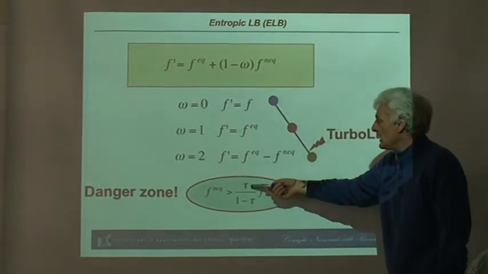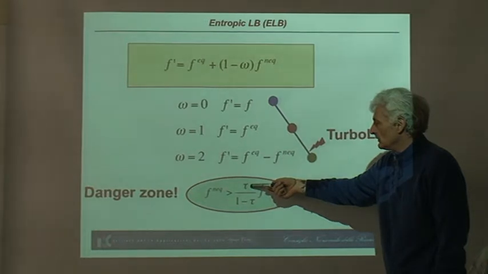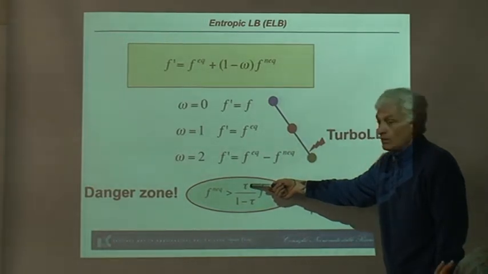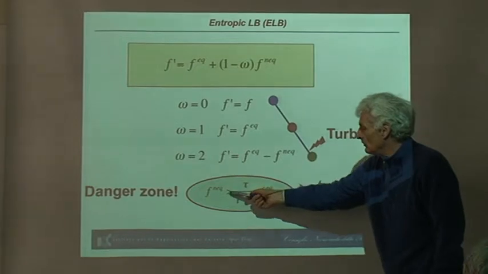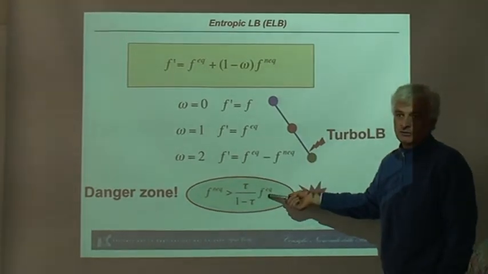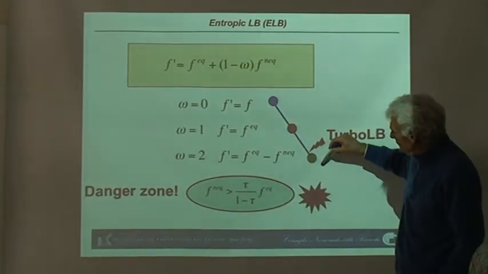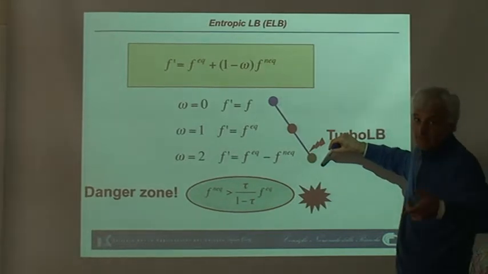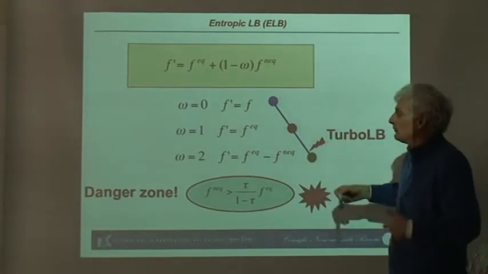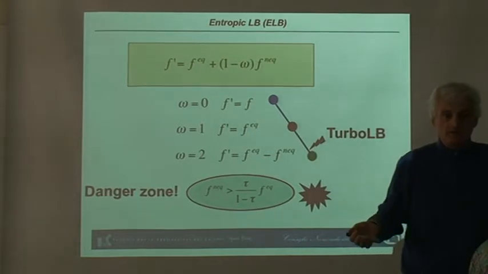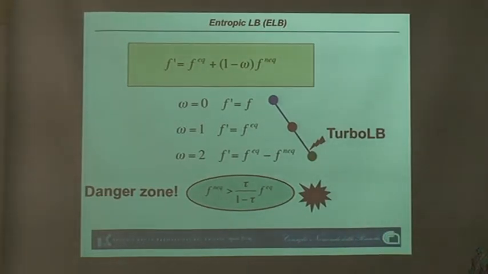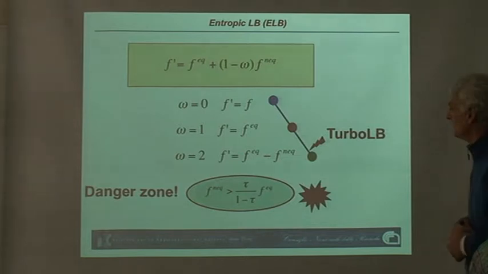And in terms of tau, omega 2 means tau 1.5, so it means that f non-equilibrium can never exceed f equilibrium. But on this side, f non-equilibrium will be greater than f equilibrium, and then you would exceed the stability bound. Okay.